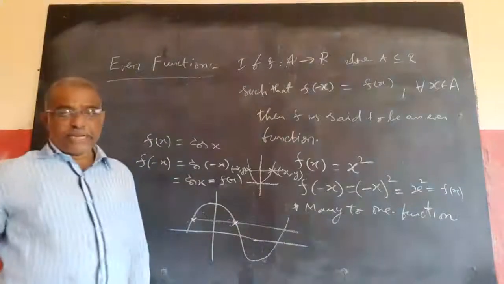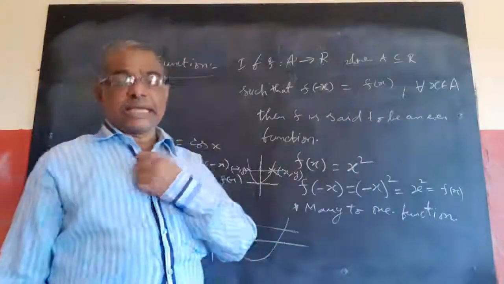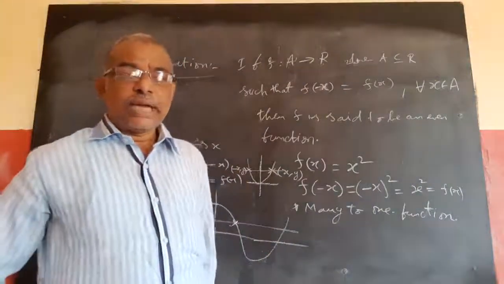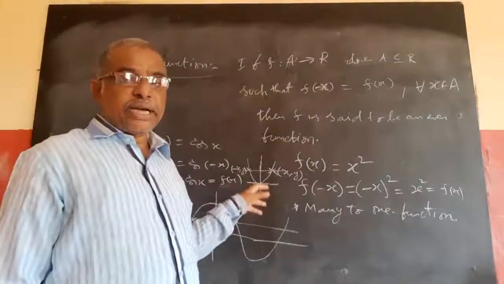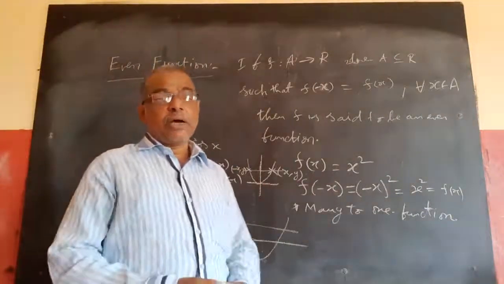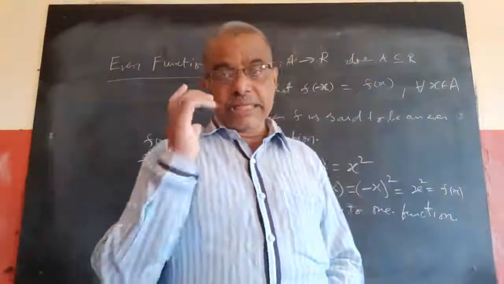That's why we call it symmetric about the y-axis. If you fold on the y-axis, both will coincide. So points like that will be there in an even function.